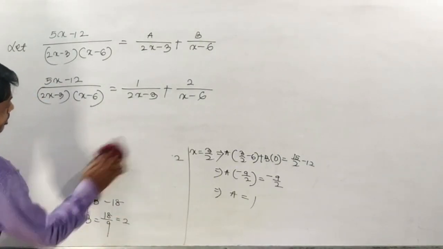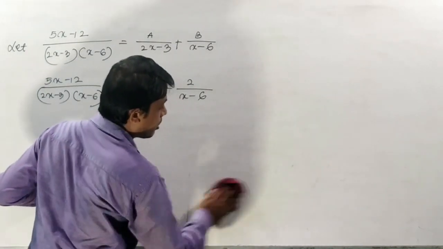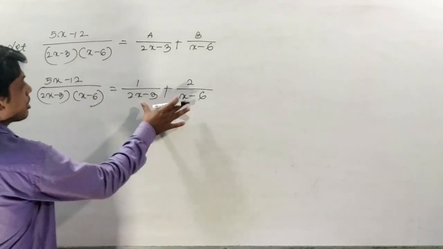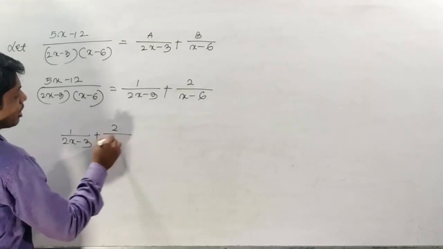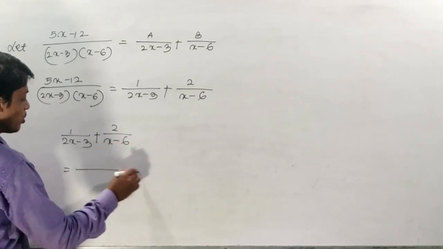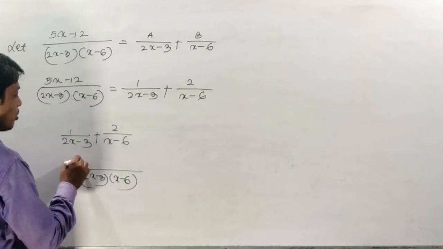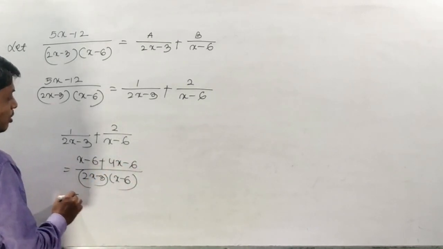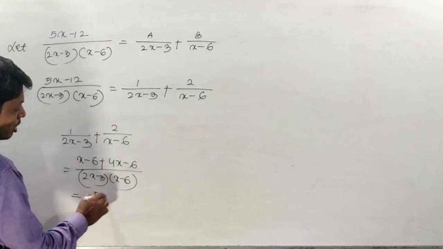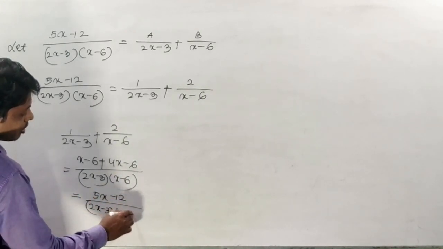Okay, if we test whether it is equal or not equal, very simply just add this 1 by 2x minus 3 plus 2 by x minus 6, which is equal to x minus 6 plus 4x minus 6 over 2x minus 3 into x minus 6, which is equal to 5x minus 12 by 2x minus 3 into x minus 6.